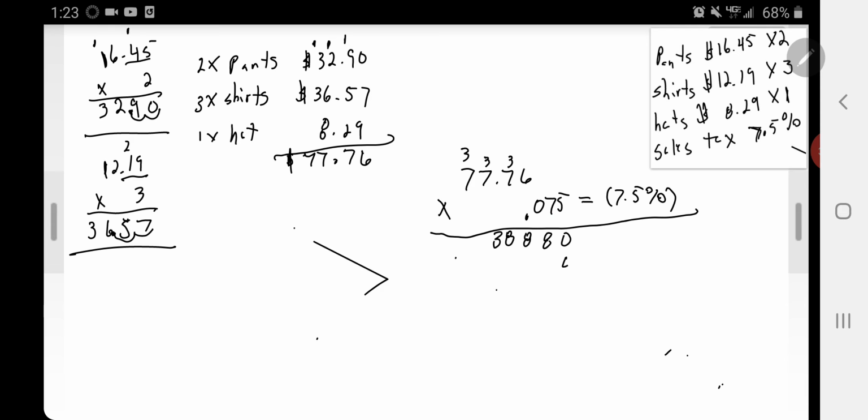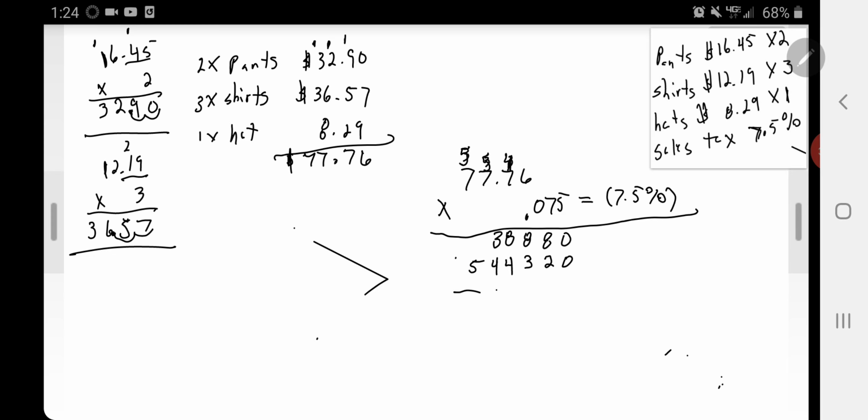All right, moving on to the next number. So placeholder of 0. 7 times 6 is 42. So 2, carry over the 4. 7 times 7 is 49, plus 4 is 53. 7 times 7 is 49, plus 5 is 54. And 7 times 7 is 49, plus 5 is 54.